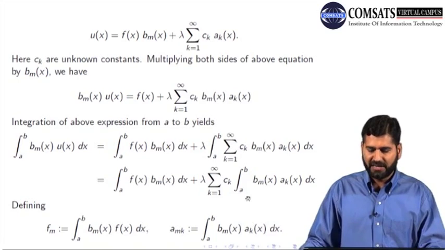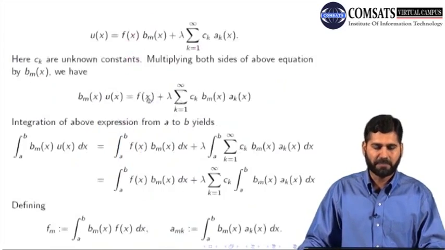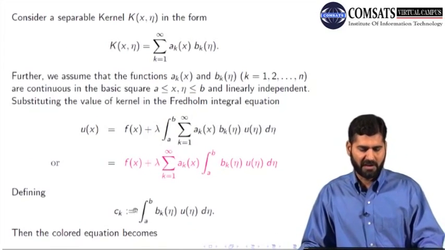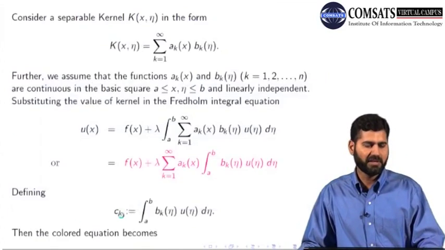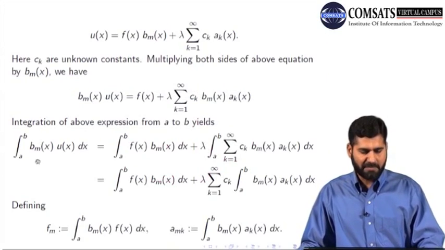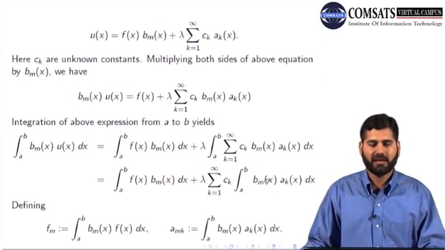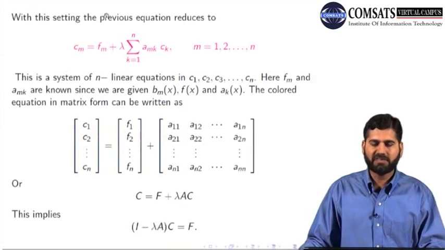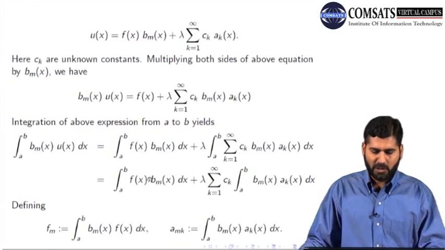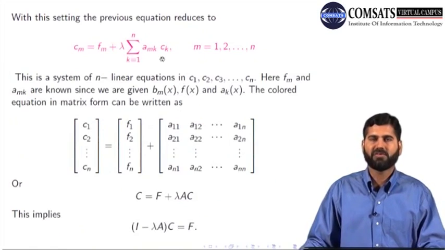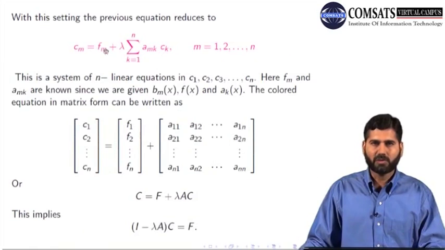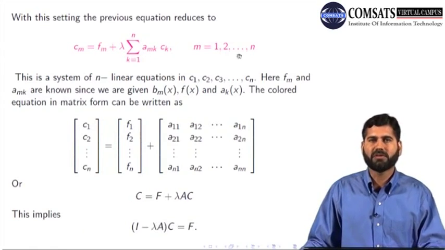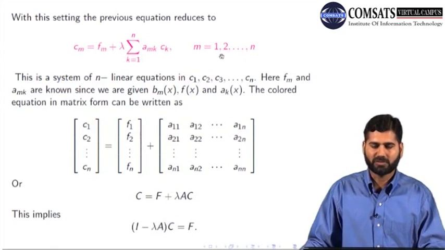So if we define these constants to be these two integrals, then this is already c_m, we have already defined this to be c_m. With this setting, the previous equation reduces to c_m equal to f_m plus lambda, sum over k, of a_mk c_k. Here m goes from 1 to n.